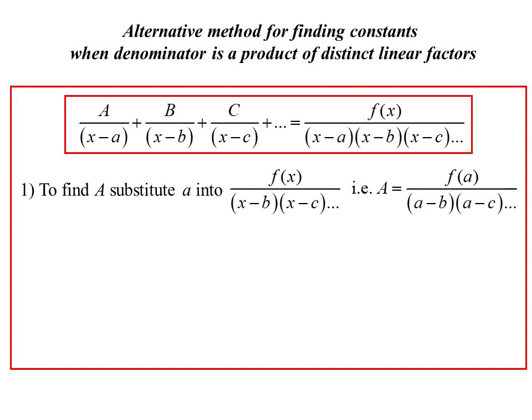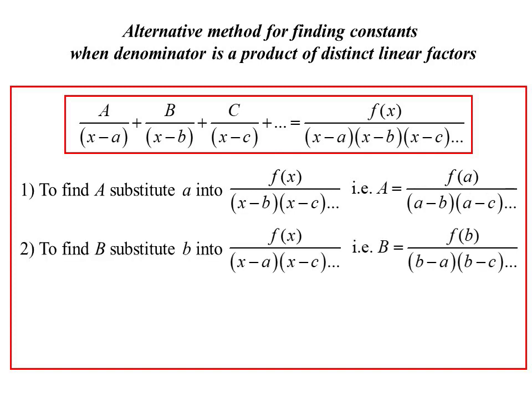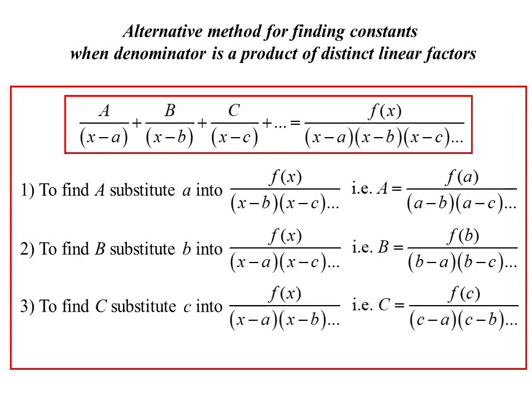And then that will give me the answer. To work out b, I cover up the x minus b and substitute in. To work out the c, cover up the x minus c, substitute in, and so on for all of your linear ones. So let's go back to the ones we just saw and see how much quicker this could be.